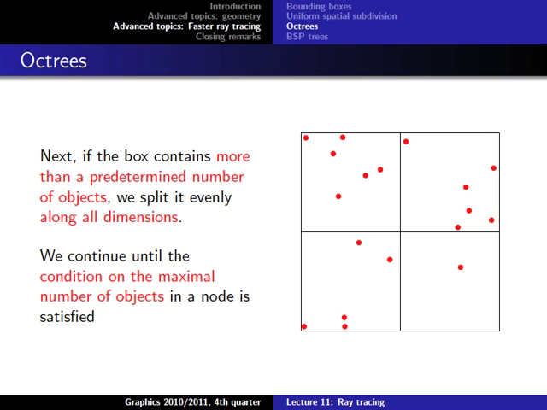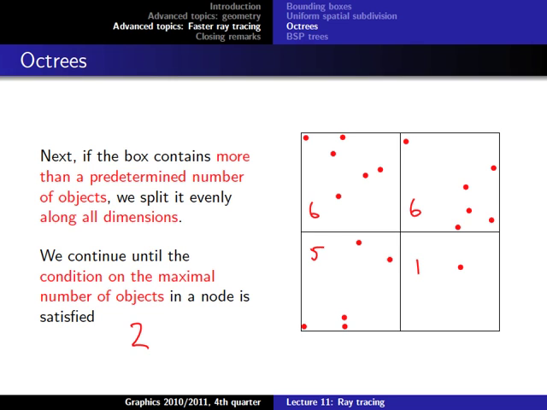So for example, let's say we want a maximum of 2 objects per cell. So we see here there are more objects in these cells than we want. Here we have 6, here we have 5, here we have 6, and here we have 1. So we say, okay, this is a cell where there is just 1 object.